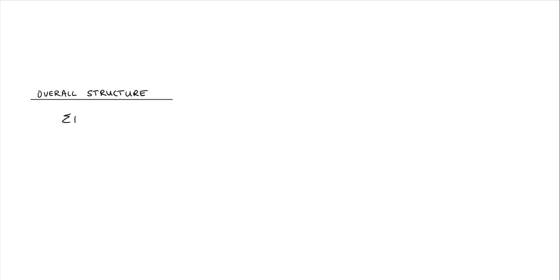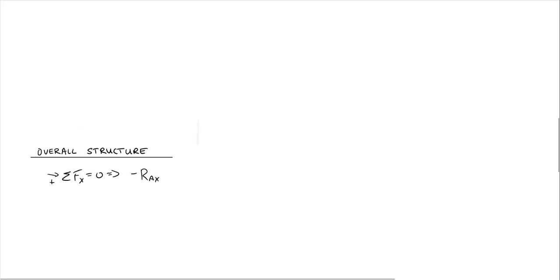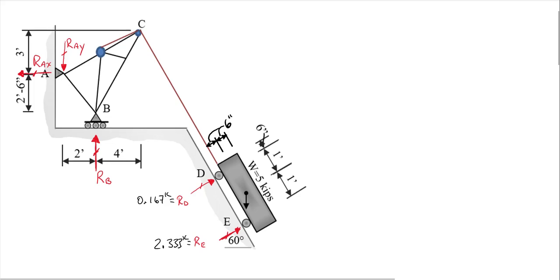We can say sum of forces in the x equal to 0, and I can say going to the right is positive. That's going to give me minus RAX, because if you recall, RAX is pointing to the left. And then what else am I going to have?